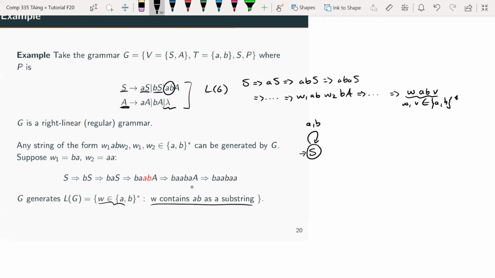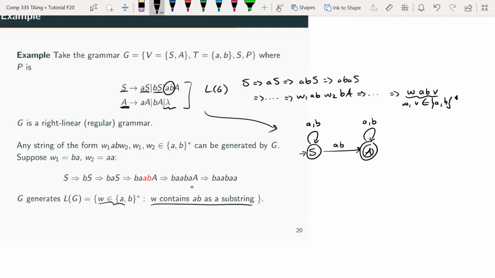And then if you want to get to A, which has the lambda, so it's like a final state, then you can go from S to A with ab, and then at A you can read any other string over {a, b}. So this is the idea, which I'm not sure if you've been shown already, or if it's going to happen this week. But this is how you would convert this grammar to an FA. Okay.